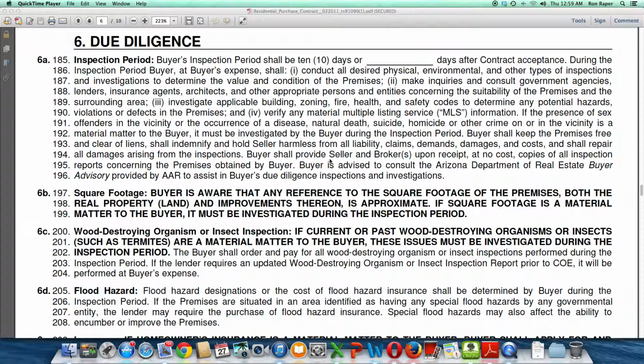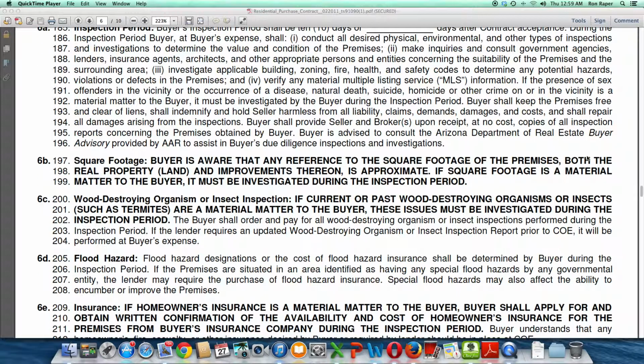Buyer shall provide seller and broker, upon receipt, at no cost, copies of all inspection reports concerning the premises obtained by buyer. Buyer is advised to consult the Arizona Department of Real Estate Buyer Advisory provided by the AAR to assist in buyer's due diligence, inspections, and investigations.